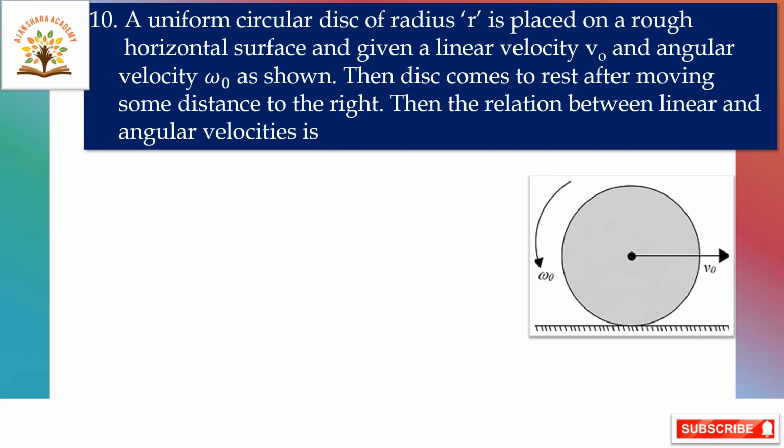So v is equal to 0 and omega is equal to 0. As external torque, tau external is equal to 0 because L is constant. According to the law of conservation of angular momentum, L initial is equal to L final. Now let us go to the solution.